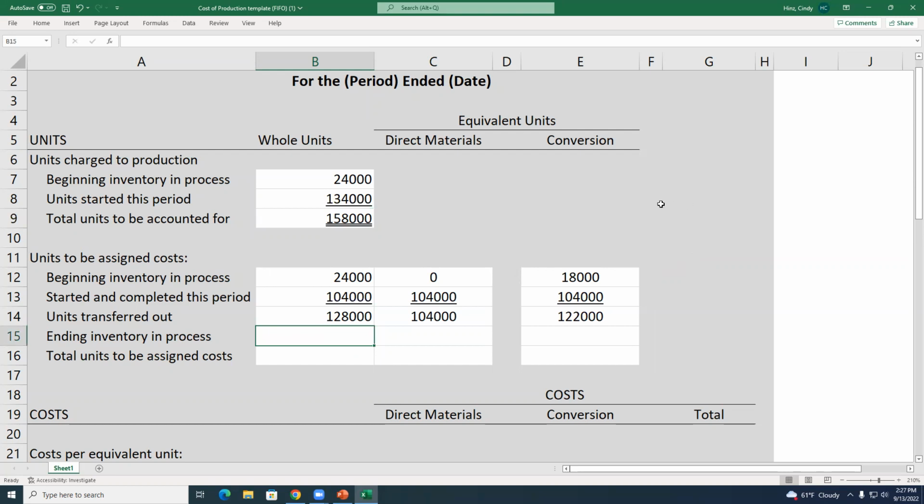So how many were left still unfinished? 158,000 minus 128,000. There were 30,000 units that we were still working on at the end of the month. Of those units, we had added all of the direct materials, but it tells us they were only half done. So we did half of the work. We incurred half of the conversion costs, or 15,000 units' worth.